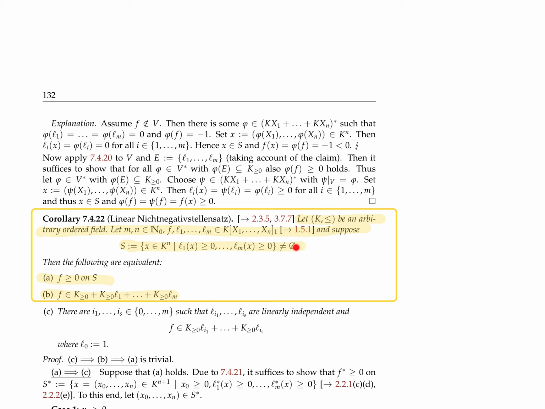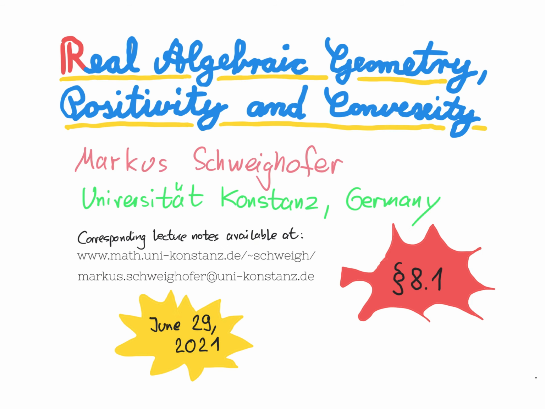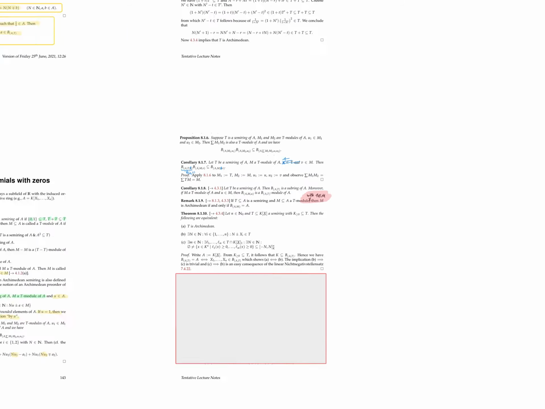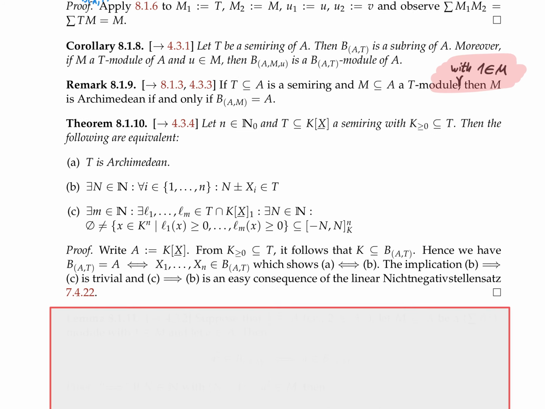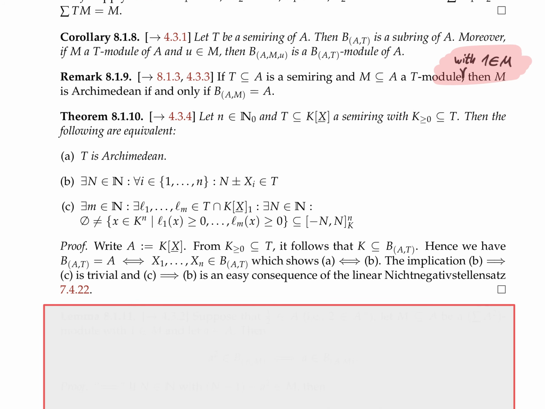So the n plus minus xi are non-negative on this set, and therefore I have such a certificate, and the non-negative elements from K are contained in T. So I see that n plus minus xi lie in T, also using that T is Archimedean, of course. Okay, good.